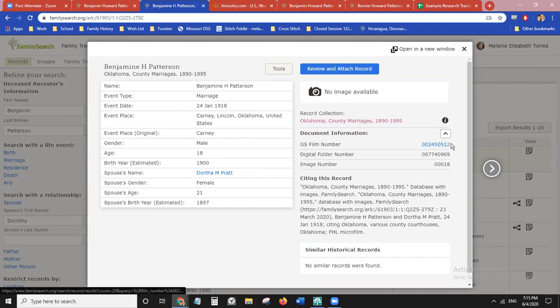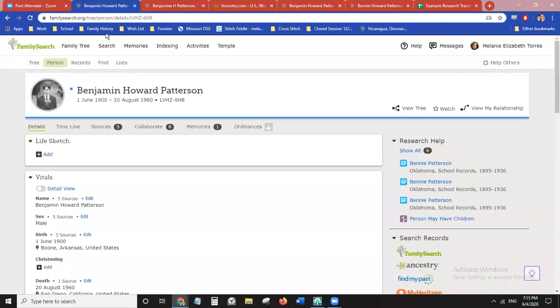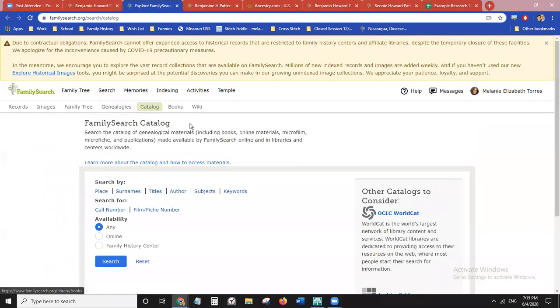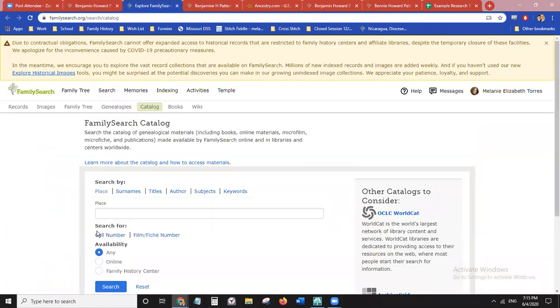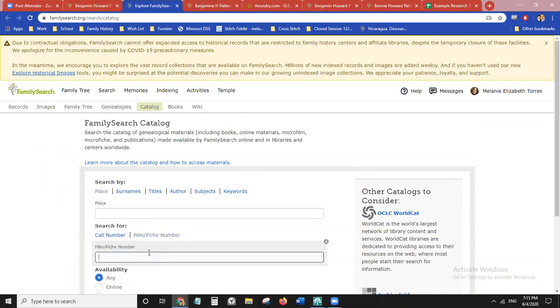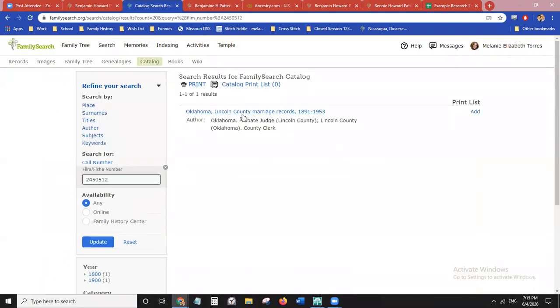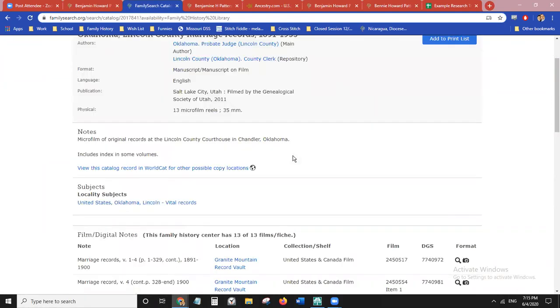So I'm going to copy this film number right here. I'm going to go to search and then catalog. And right down here, it says search for film number. So anytime you see an indexed record and you don't see an image, check the catalog if there's a film number and see if you can see that image. So I'm going to click that.